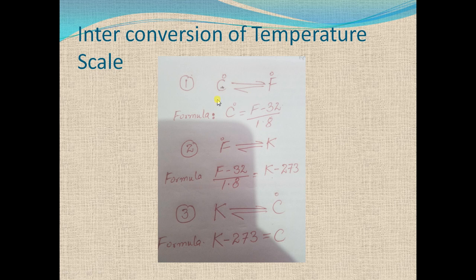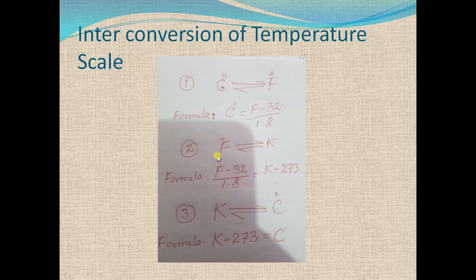For example, if we are given a temperature like 160 Fahrenheit or 100 Fahrenheit, how will we convert? You will put the value of Fahrenheit and then solve the equation. Similarly, you can also find Fahrenheit from centigrade by putting the value of centigrade.